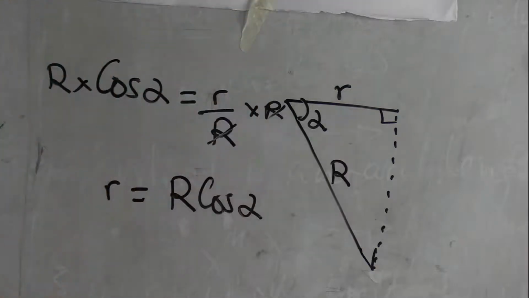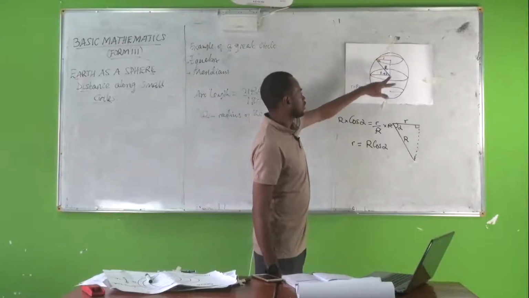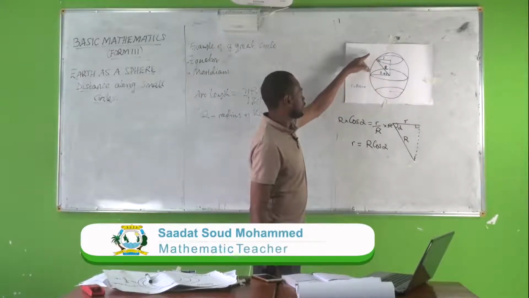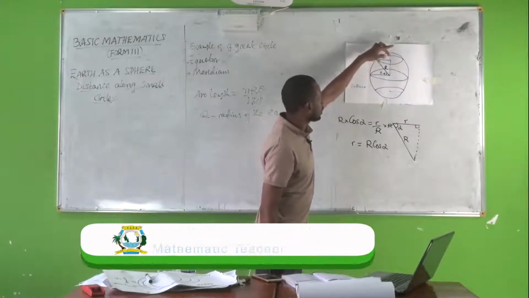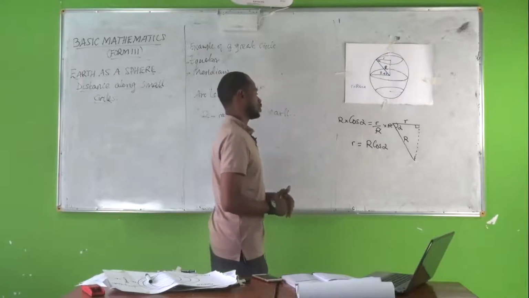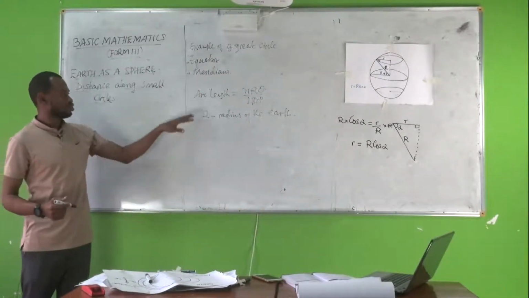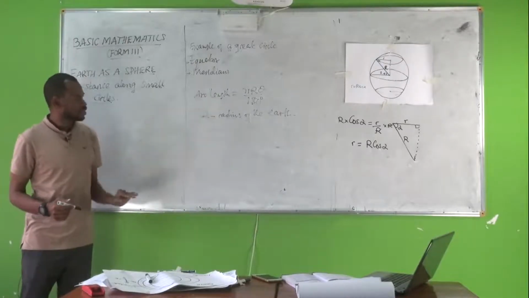And alpha is the angle subtended by the arc of the small circle. So simply now we can change this. This is for a great circle.